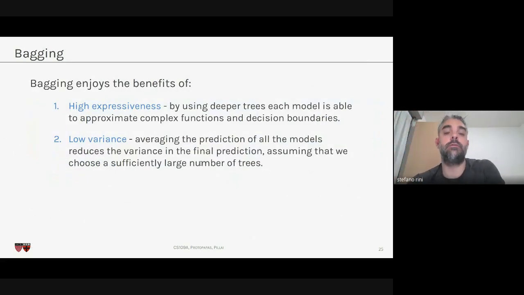It doesn't lead to overfitting. So you can have a more complex boundary that doesn't result from overfitting. And in general, there is a low variance, because the more trees you're happy to use, the more the average prediction of the models will improve the final prediction. And of course, you pay a price in complexity, but everything is a trade-off in life.